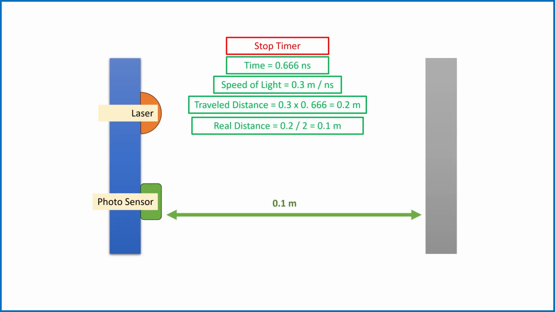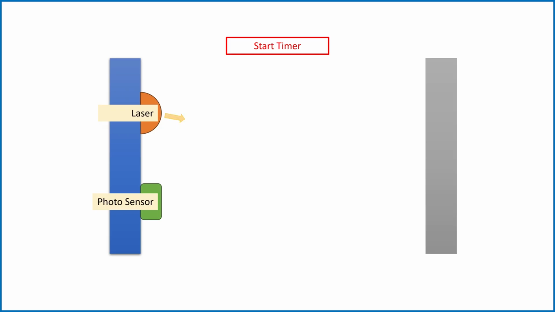However, we also have to divide this value by 2, as the time that we measure is accounting for the beam traveling towards the obstacle and back from the obstacle. But with this, we are able to calculate the distance between the Lidar and the nearest obstacle in front of it.